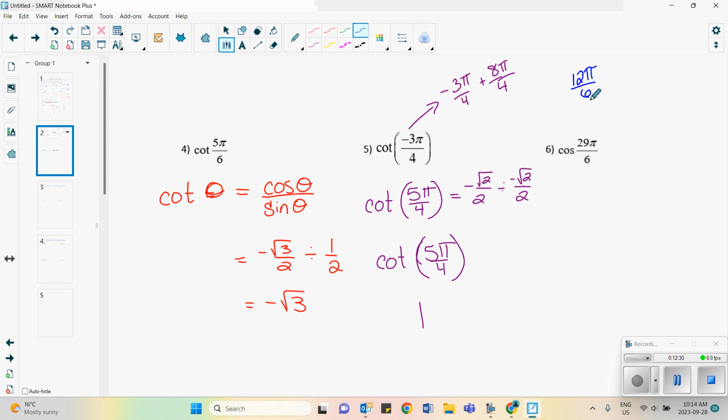So how many 12 pi's am I going to pull out of there? 2. So we're doing some mental math here. 24 pi over 6, and we're going to subtract that from 29. So we're looking for cos of 5 pi over 6.